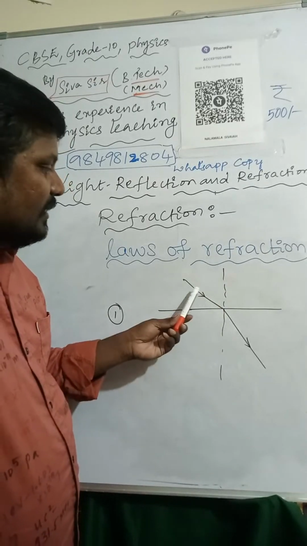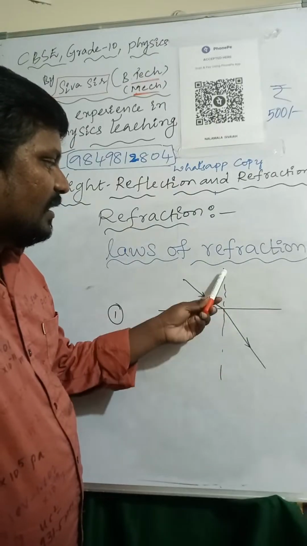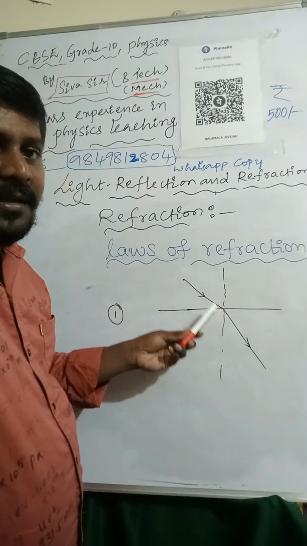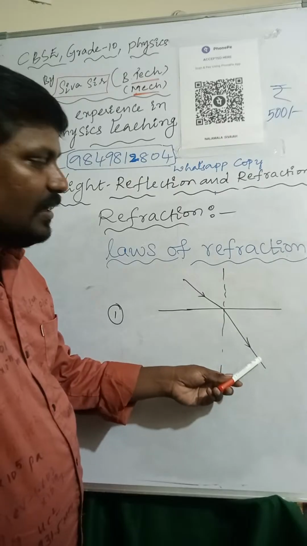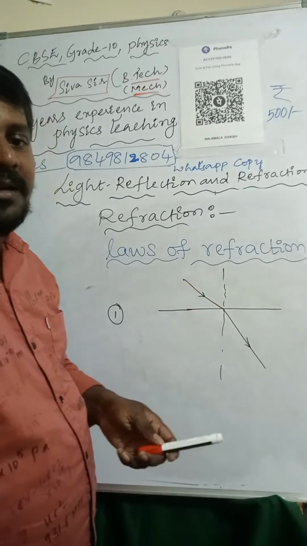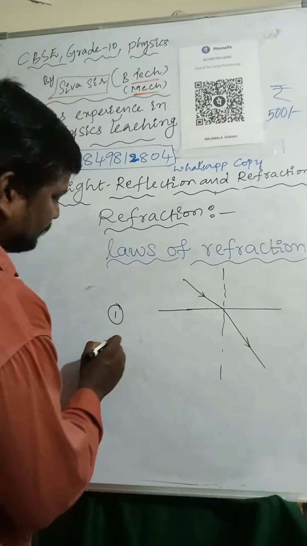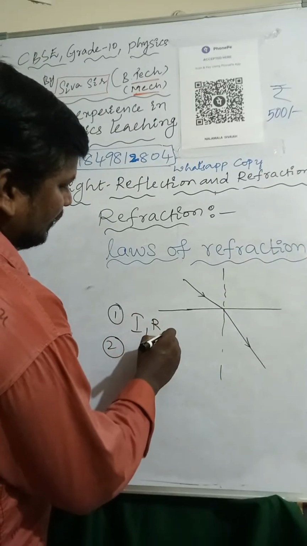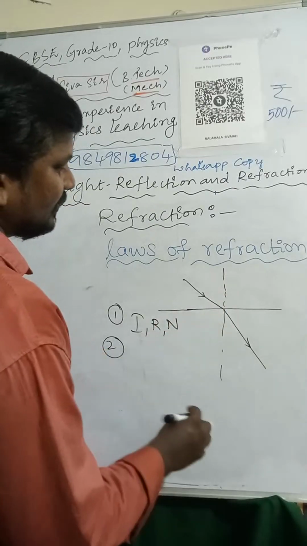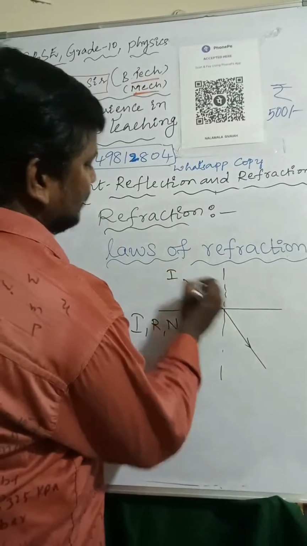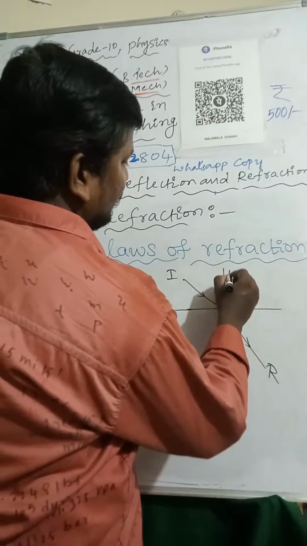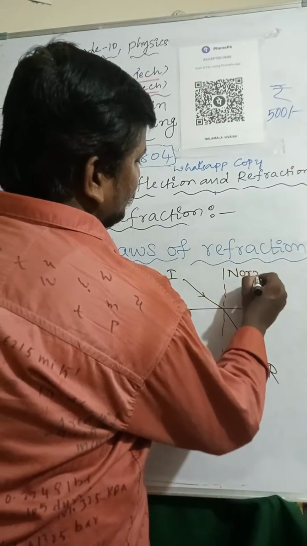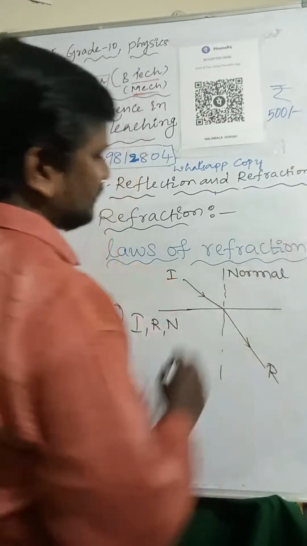Once again, the incident ray, refracted ray, and normal line lie on the same plane. Here, this is the incident ray, this is the refracted ray, and this one is the normal.